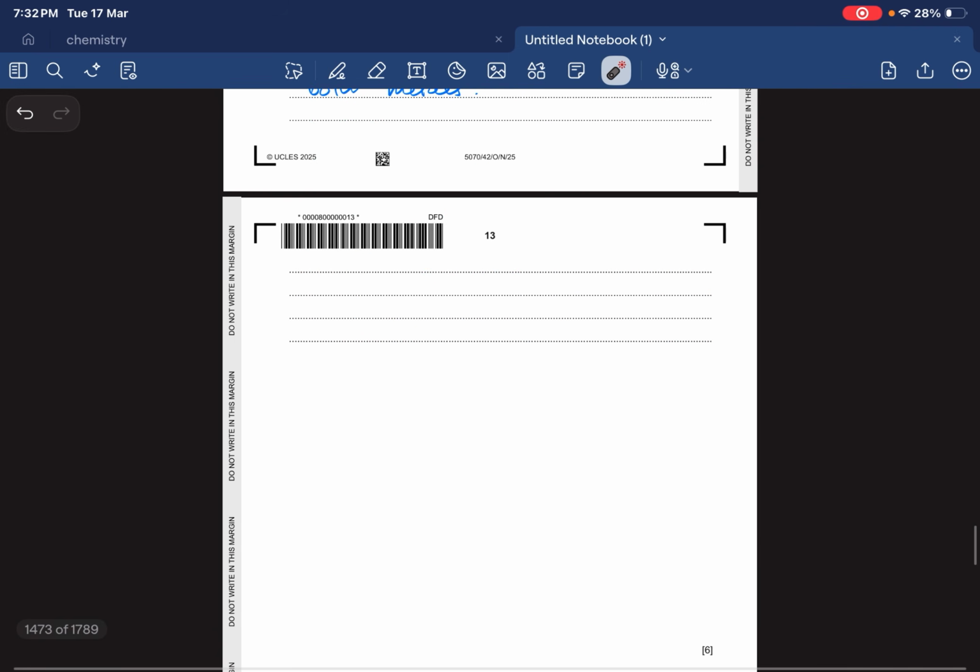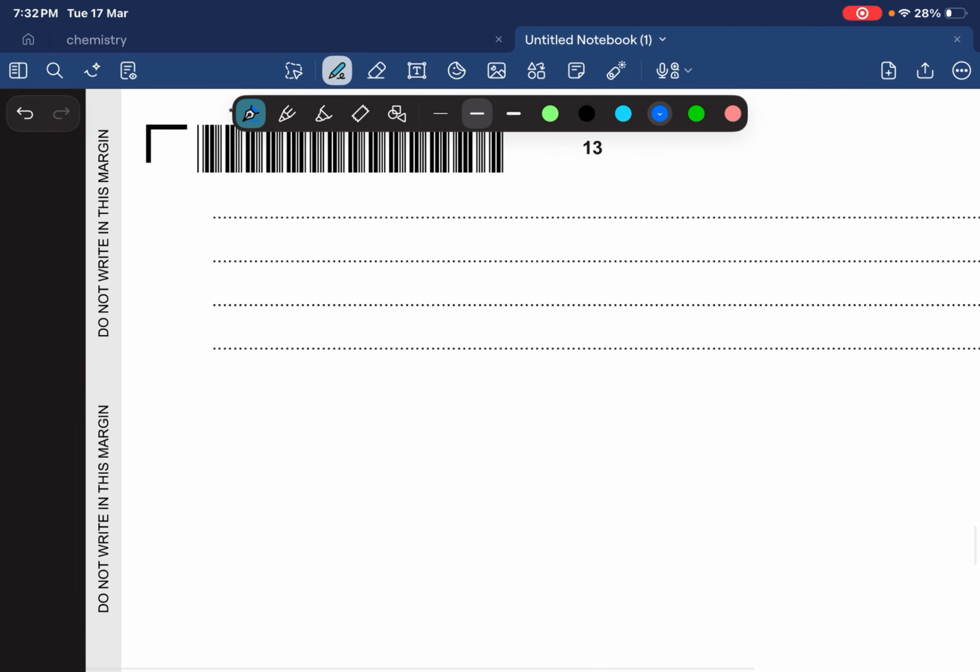So that's simple. The third step is determining which metal releases more energy.